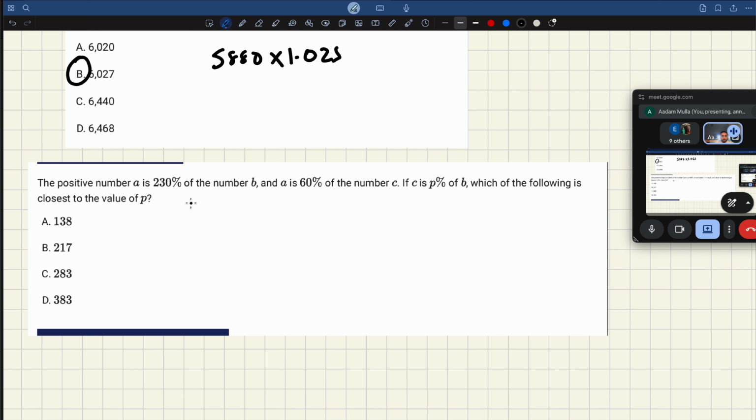So first, write both of your equations out. I can see A is 230% of B, so A would be equal to 2.3 lots of B, and A is also equal to 60% of C. So A is equal to 0.6C.